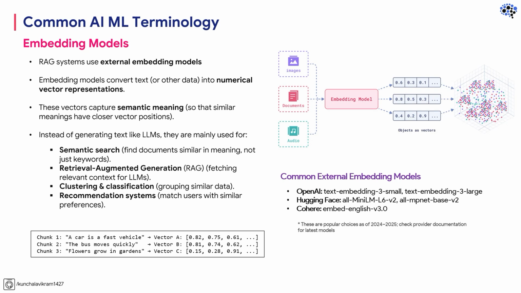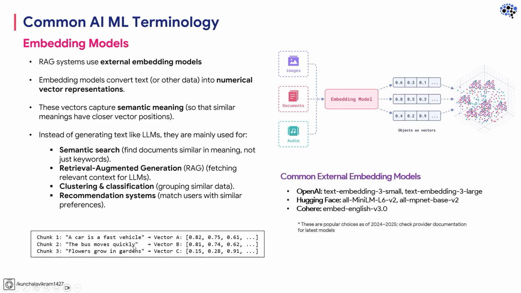So this is an embedding model which takes in data. The data can be text or multimedia input as well. For example, if I give the information "a car is a fast vehicle," the embedding model converts it into a vector. The other chunk is converted into a vector, and the third one as well. Now you can see the vectors for A and B are very close to each other because they have very similar meaning: a car is a fast moving vehicle, and a bus moves quickly.